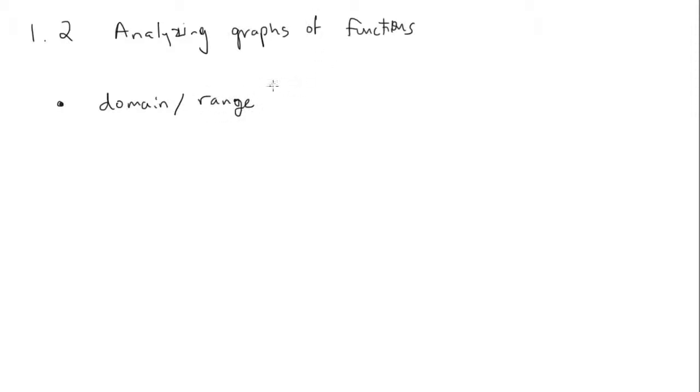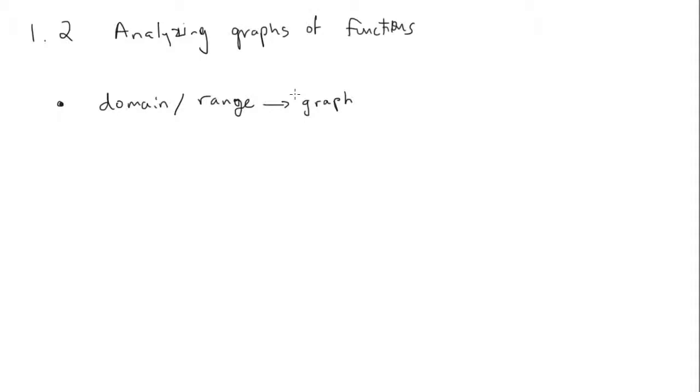And in the last section we defined these sort of algebraically and abstractly, but what we want to do this time is look at how can we tell what the domain and range are from a graph, and how do those relate together.